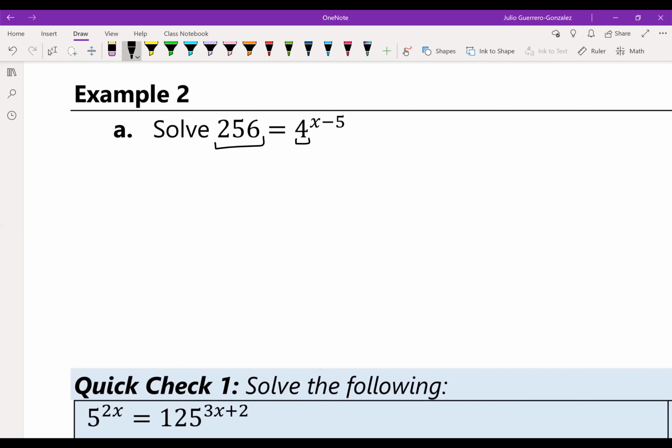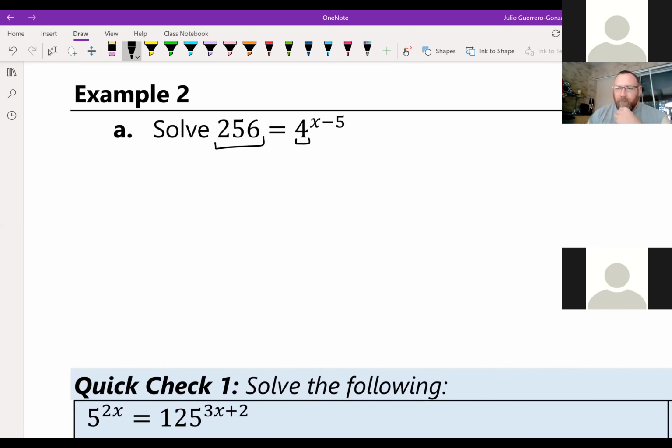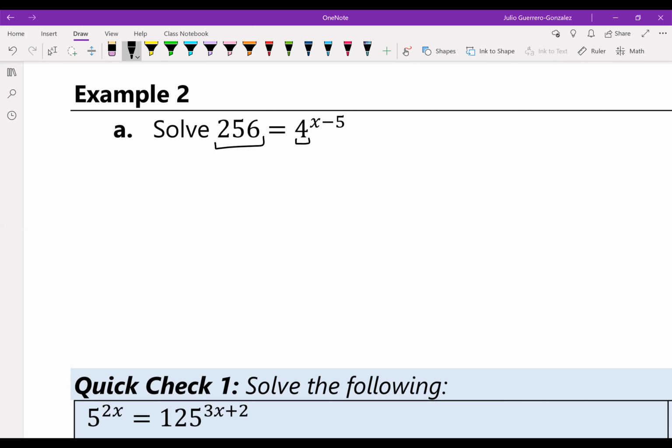Let me pull out my calculator really quick. 256 is 4 to the 4th.